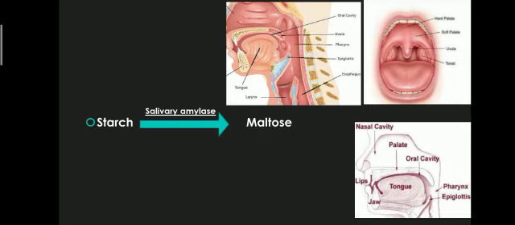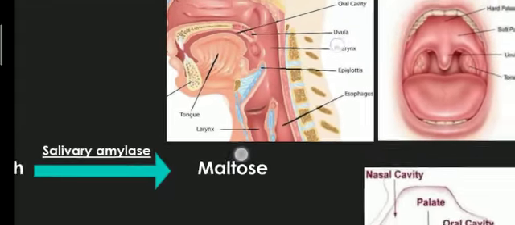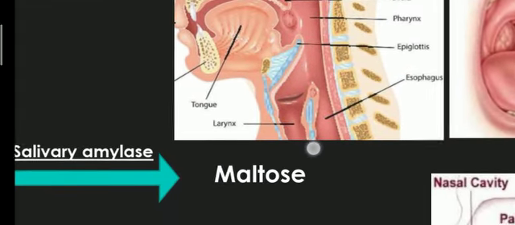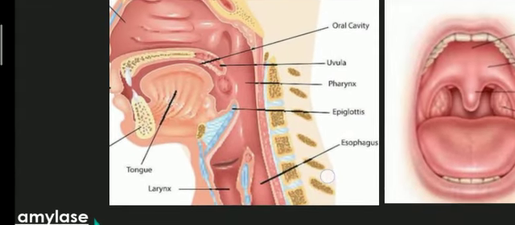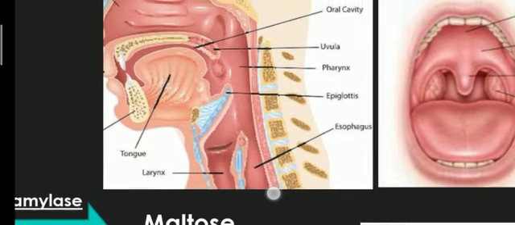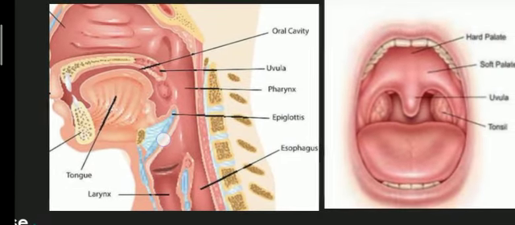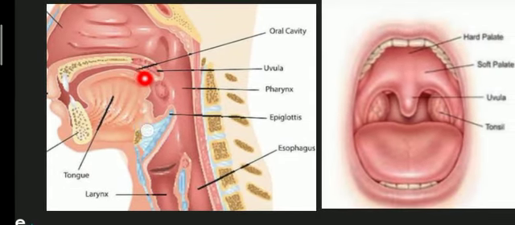Now we'll be studying about swallowing. If you can see the diagram here, this is the oral cavity, means the mouth, and from here the food has to be carried to the esophagus.